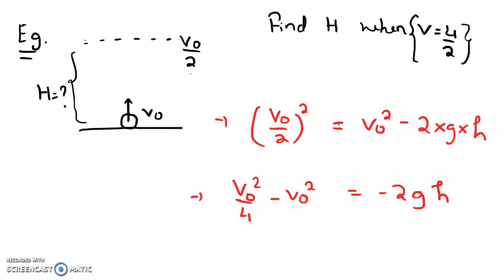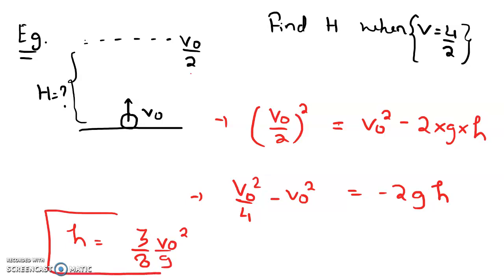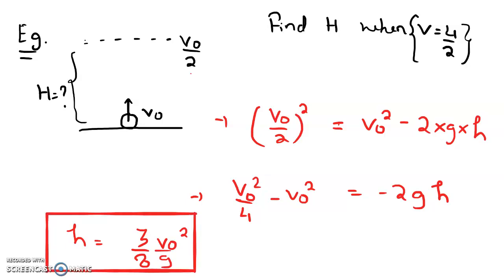So height would be, this is 1 by 4, then 3 by 4, 3 by 8. H would be 3 by 8 of v0 square by g. So this is the answer.